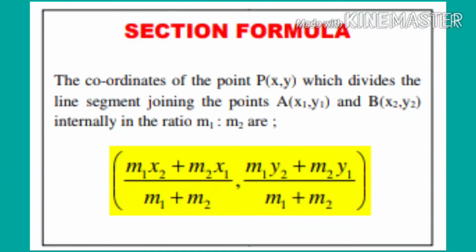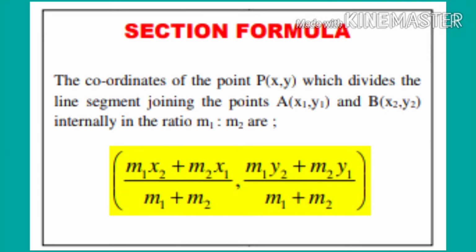The section formula is used to find the coordinate of a point P when the endpoints of a line segment A and B are given and also the ratio in which the point P divides the line segment is given to you.